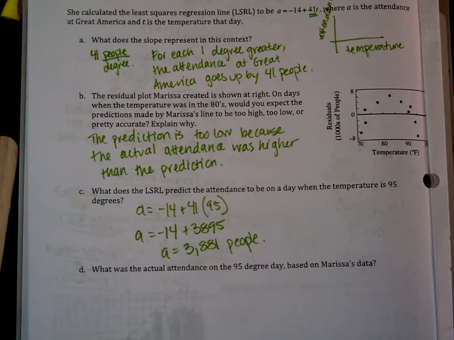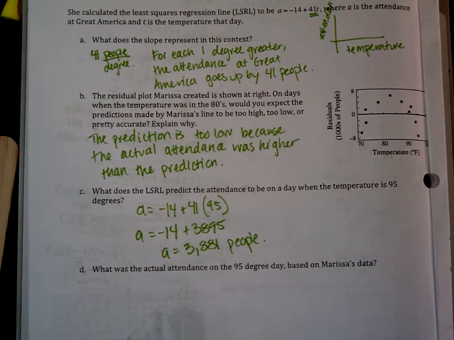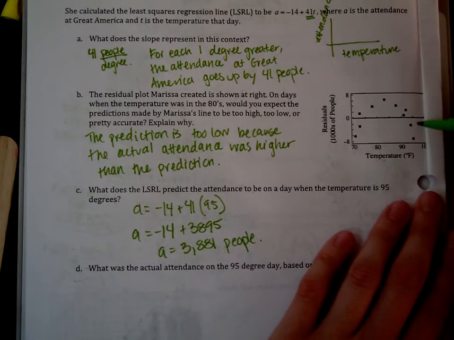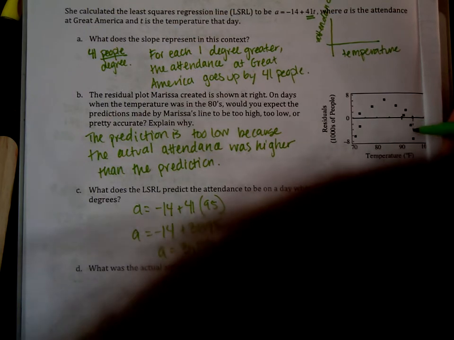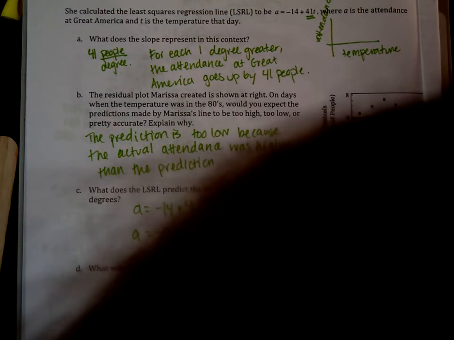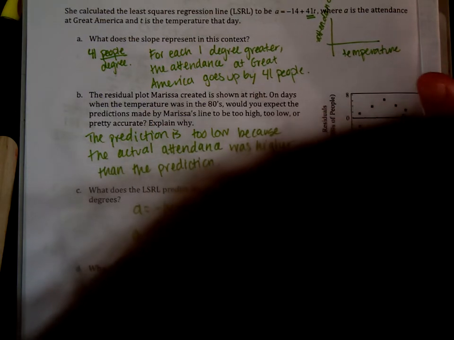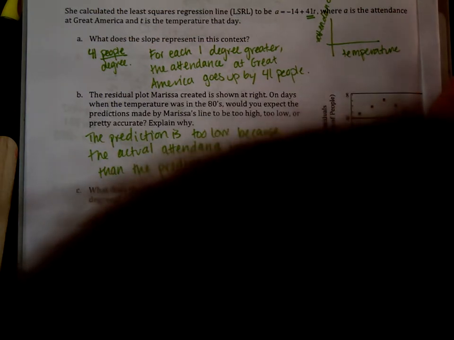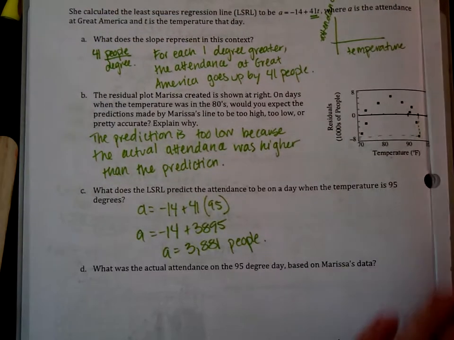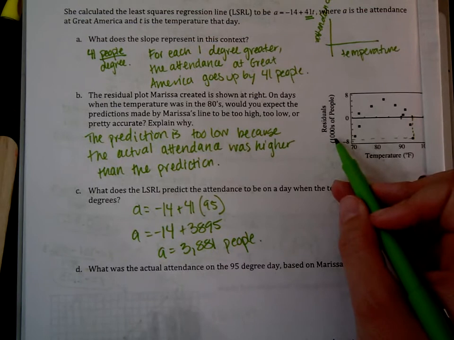What was the actual attendance on the 95-degree day based on Marissa's data? So on the 95-degree day, let's see, this is 90, so this is 95. So it looks like the residual is like -2,467, maybe -7. So that's in thousands of people.